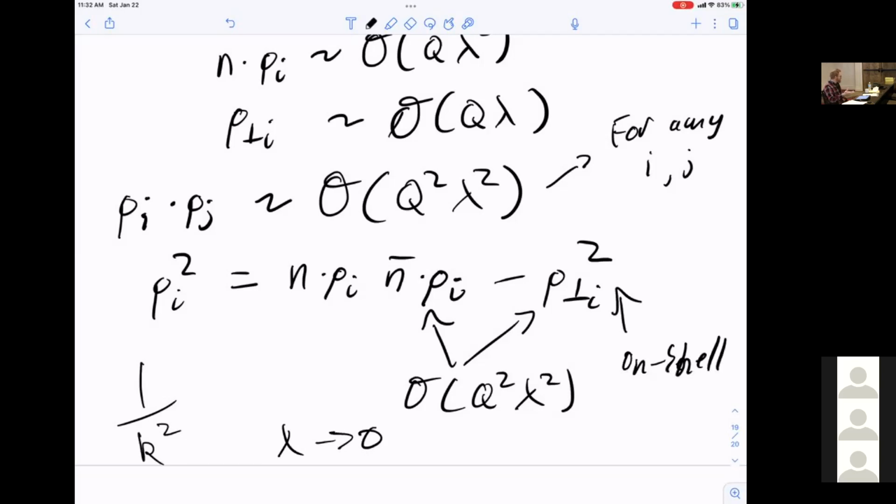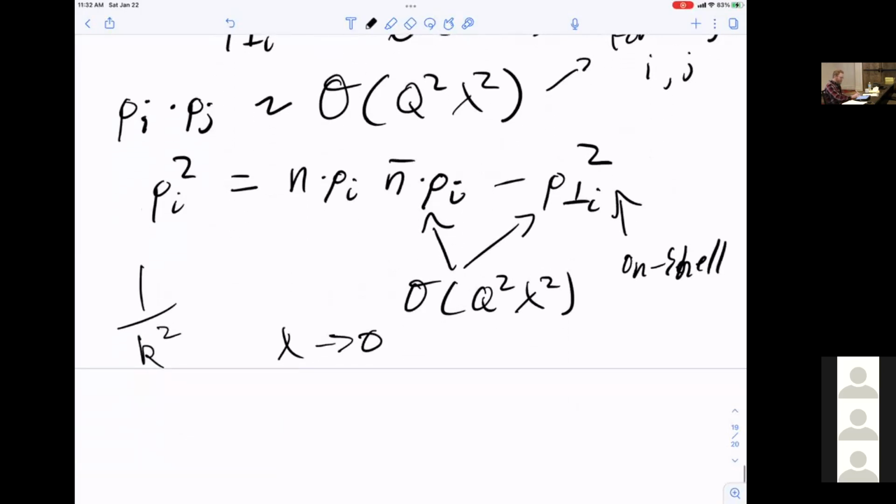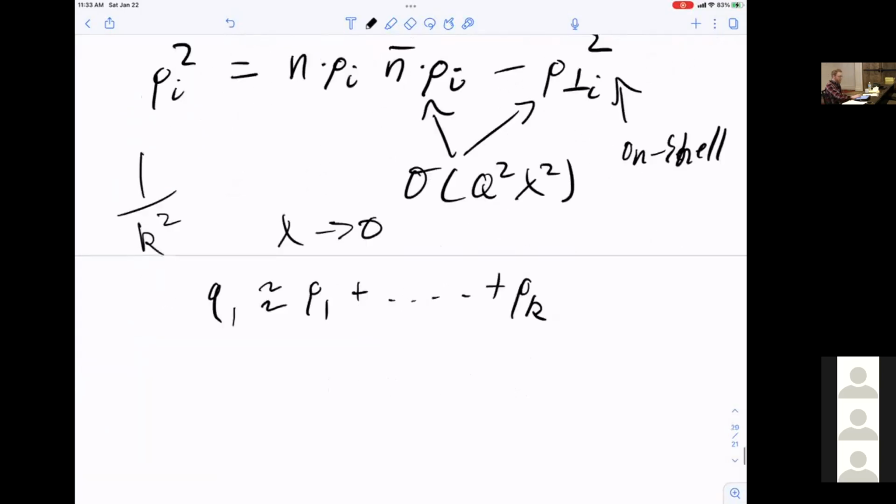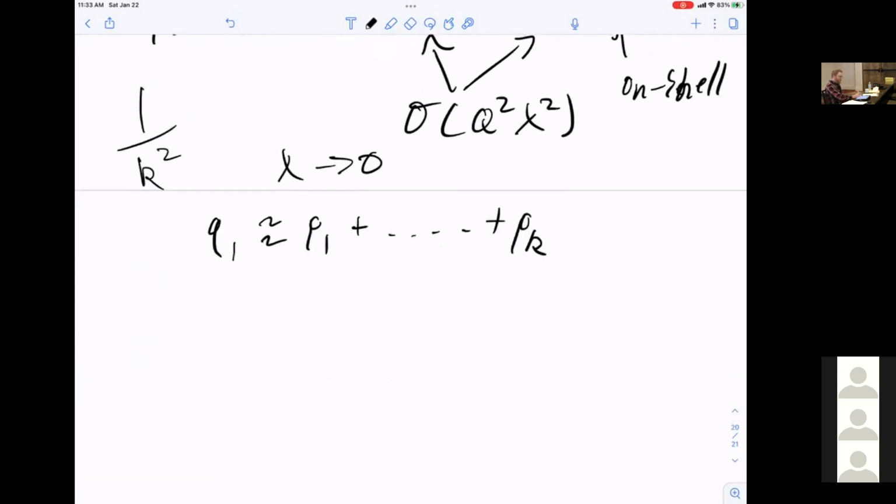And as lambda goes to 0, if I demand that Q1 approximately equals P1 plus ... pk, then I haven't really changed my overall momentum configuration for my 2-jet state. In other words, my allowed cone size is of order lambda.